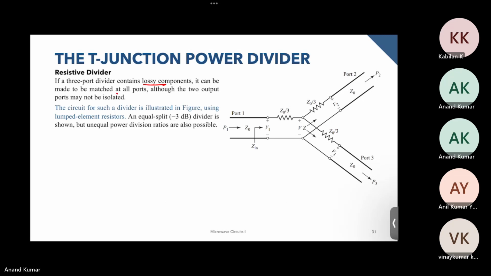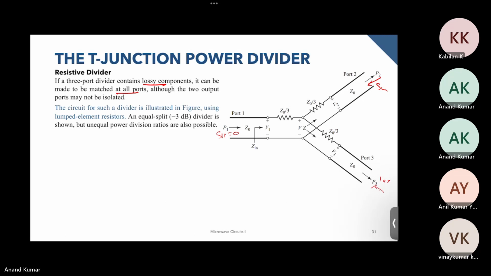The issue with the previous case, as you saw in the example, was that we only had S11 equal to 0, but S22 and S33 were not 0. So if you looked from this port over here, the reflection coefficient was not 0, and similarly from this port over here as well.